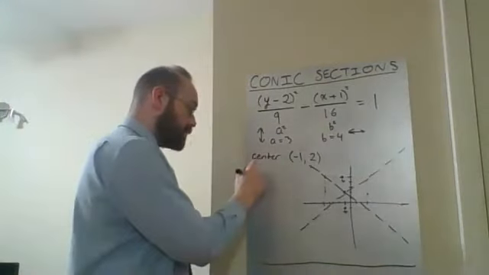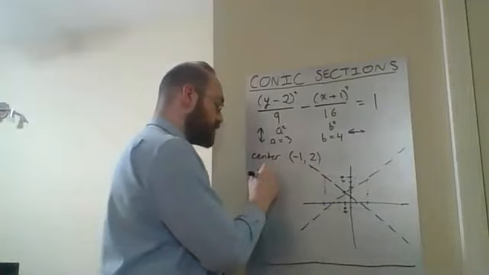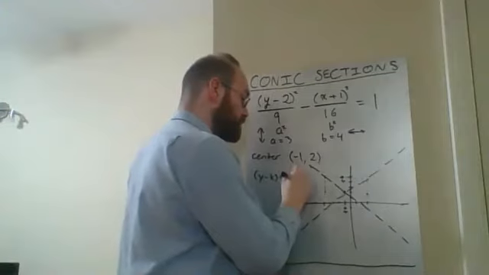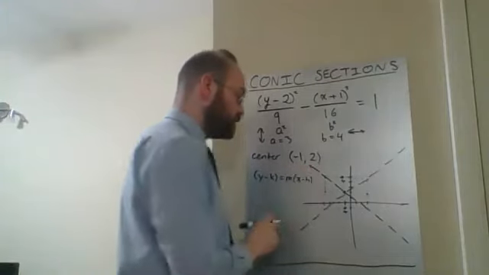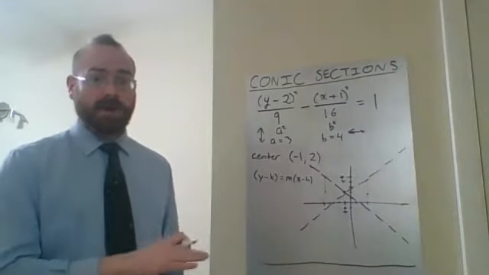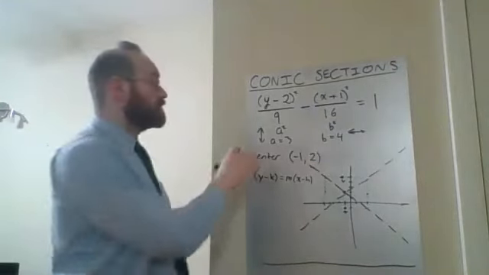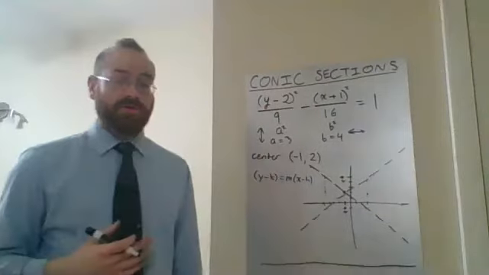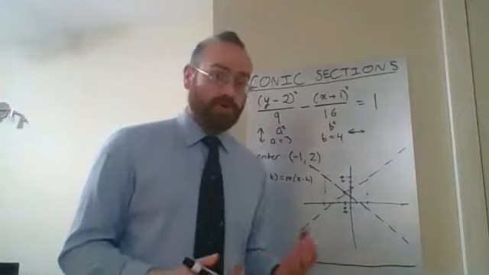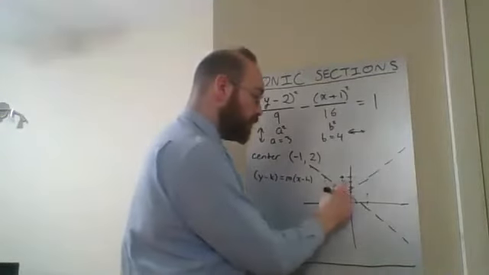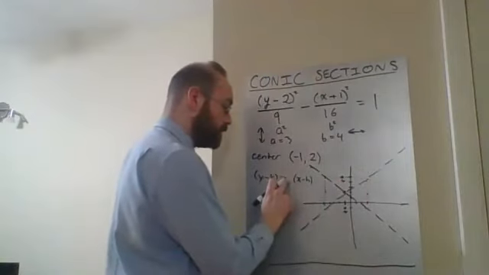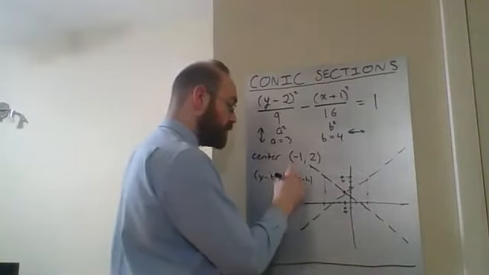Instead, we're going to use something called point-slope form, which is y minus k equals the slope times x minus h. So y minus k and x minus h come straight from the original equation. To calculate the slope, we need to remember rise over run. So we know that I went up 3 and over 4. So the slope is going to be 3/4.